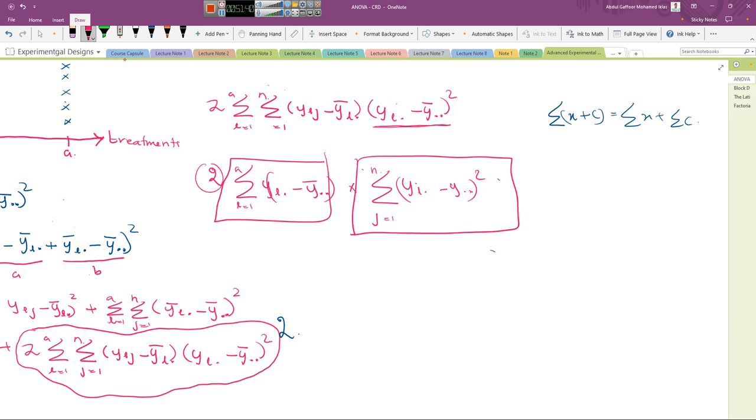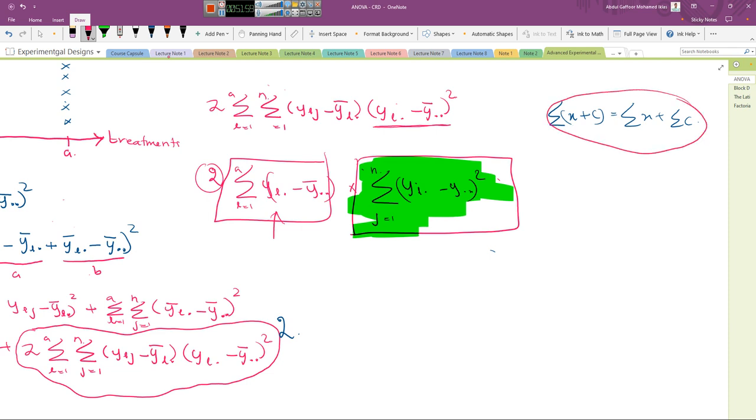So now here 3 numbers are multiplied, because it will ultimately give you a number. This also will give you a number. So now if I just consider this one, not this one, I can write this as 2 into summation i equals 1 to a (yi dot bar minus y double dot bar) into, now I'm going to write this one, right?